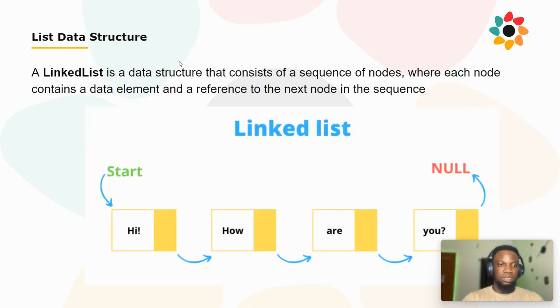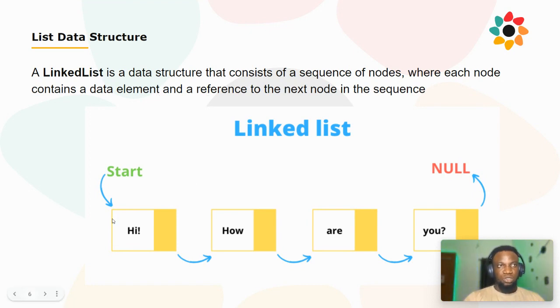And let's talk about linked list. So what is a linked list? I've mentioned array list and given you some ideas about it, so now let's talk about linked list. A linked list is a structure that consists of a sequence of nodes, where each node contains a data element and a reference to the next node.